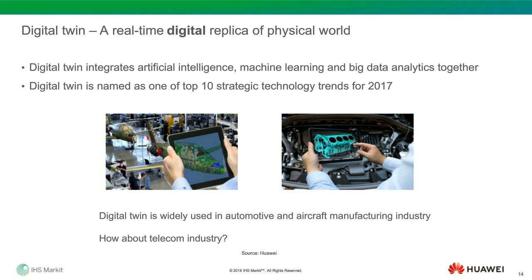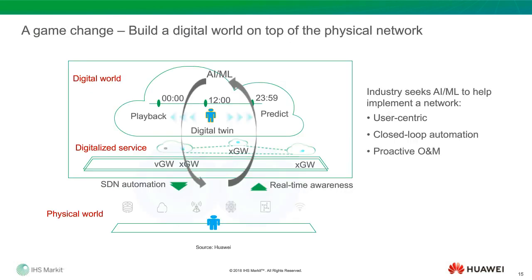Now we are in the telecom space, and we also face a lot of challenges in operations. Can we leverage this technology to tackle operations? We say yes. This is what Huawei says, and the industry is also looking for this kind of approach. Can we build the digital world on top of physical devices or the physical network and create some kind of digital twin?